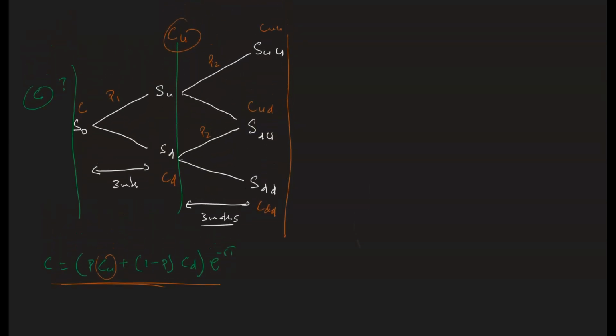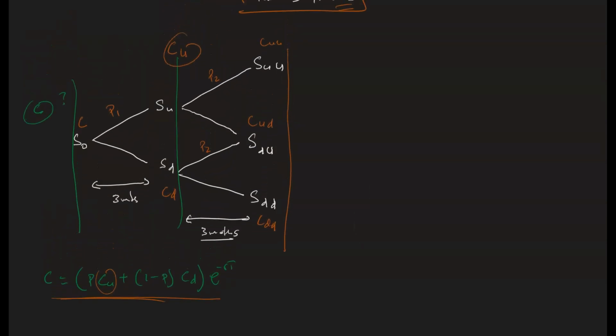So our call up is essentially going to be equal to the value of the call option over that period. So it's going to be equal to P2, which is the probability that stock price increases, multiplied by call up up, plus 1 minus P2 multiplied by call up down, and then we do present value.